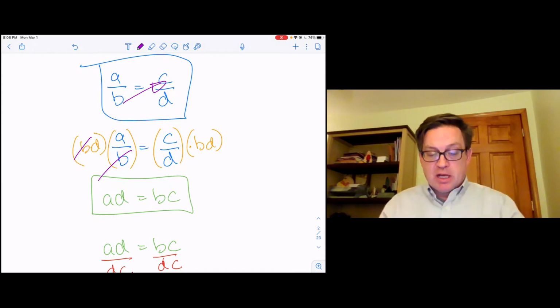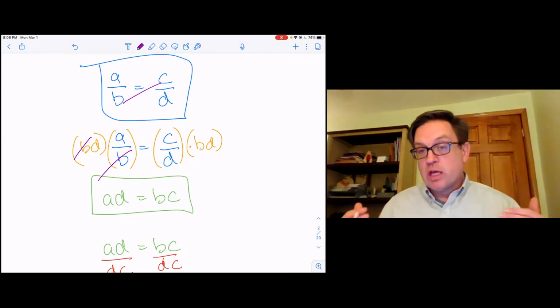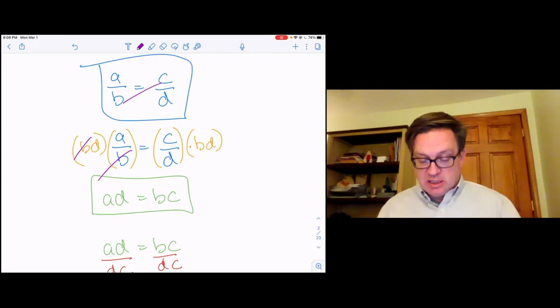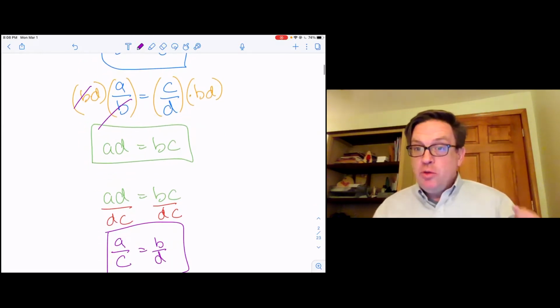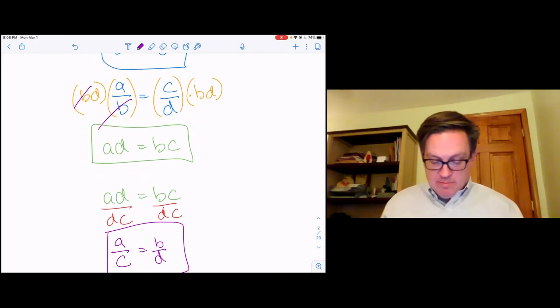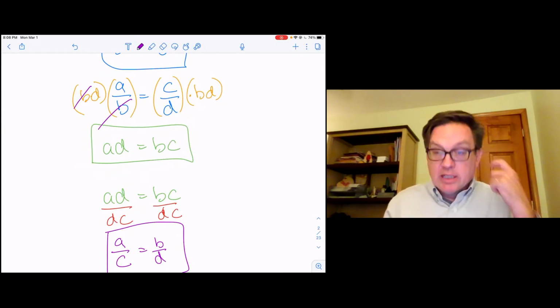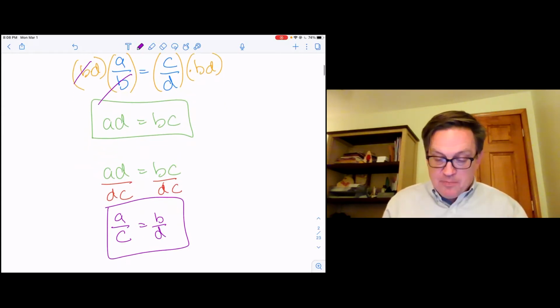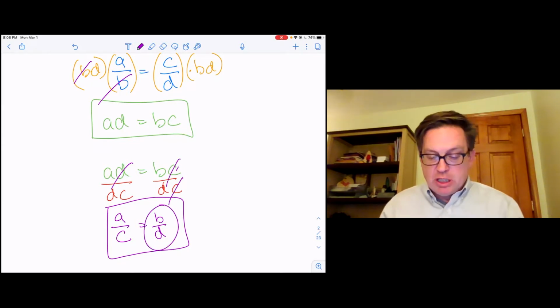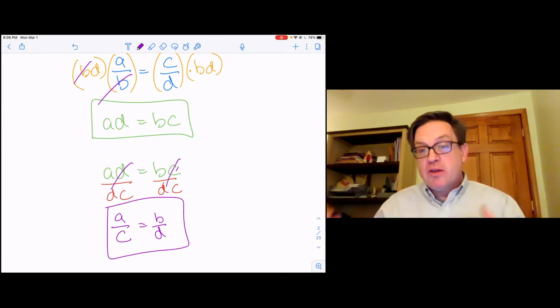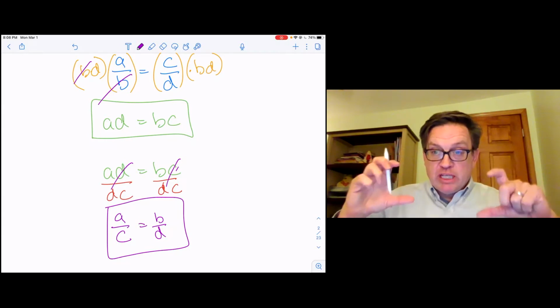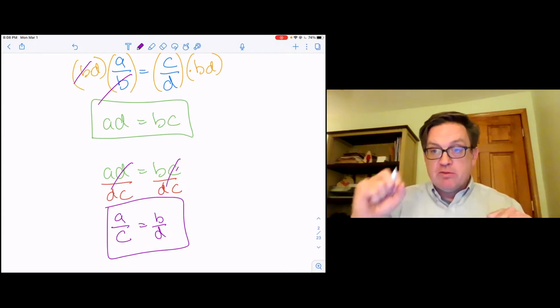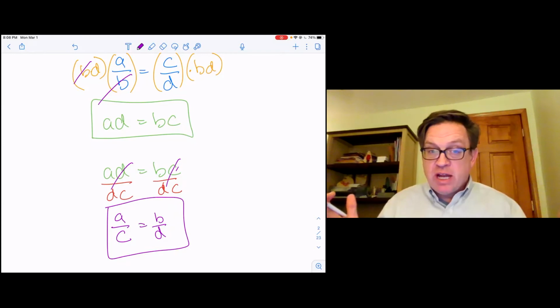And when you cross multiply across an equal sign, you get an equation, a relation without divisors, without fractions: AD equals BC. If you then take that and divide both sides by some common thing, let's say it's DC in this case, then I can reduce that because the D's cancel and I get A over C. And in this case, the C's cancel and I get B over D. So I have another proportional relationship, A over C equals B over D. And I can use either one of those fractions.